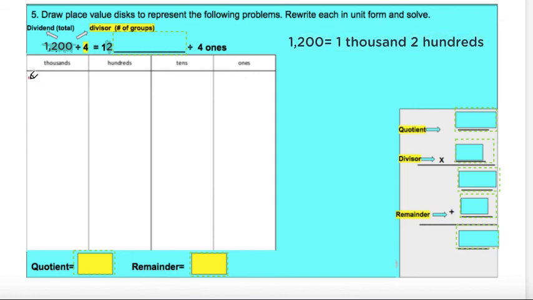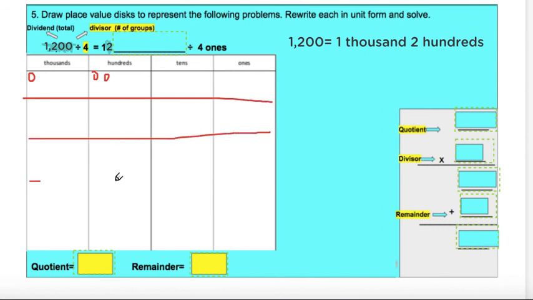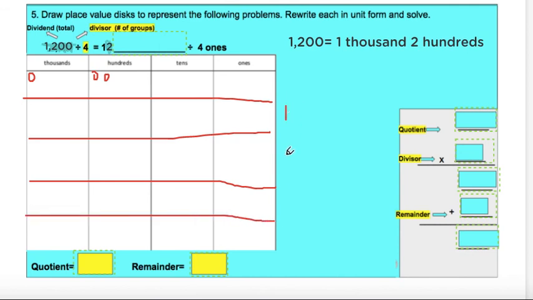Your paper should have looked like mine. And then your divisor was 4, so you should have broken your place value chart into 4 groups. If you need to, go ahead and write on the side your groups. This is not a required step.